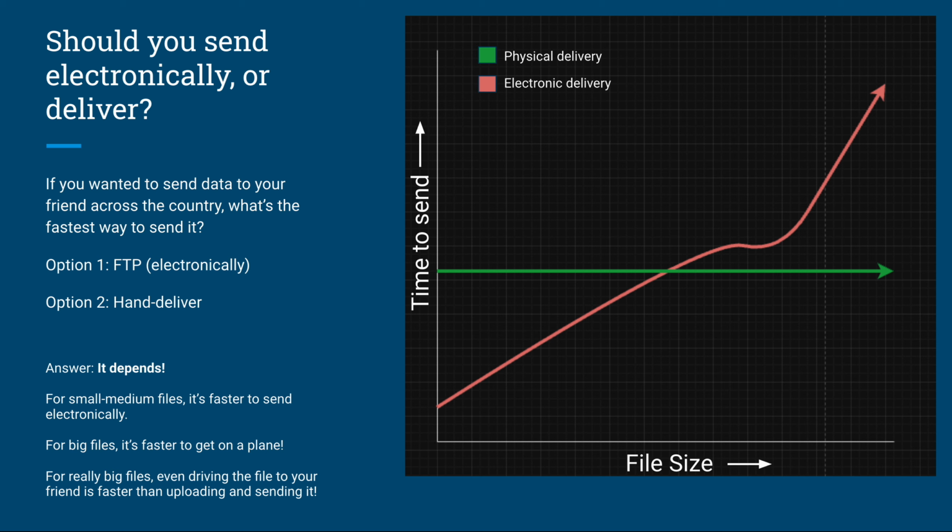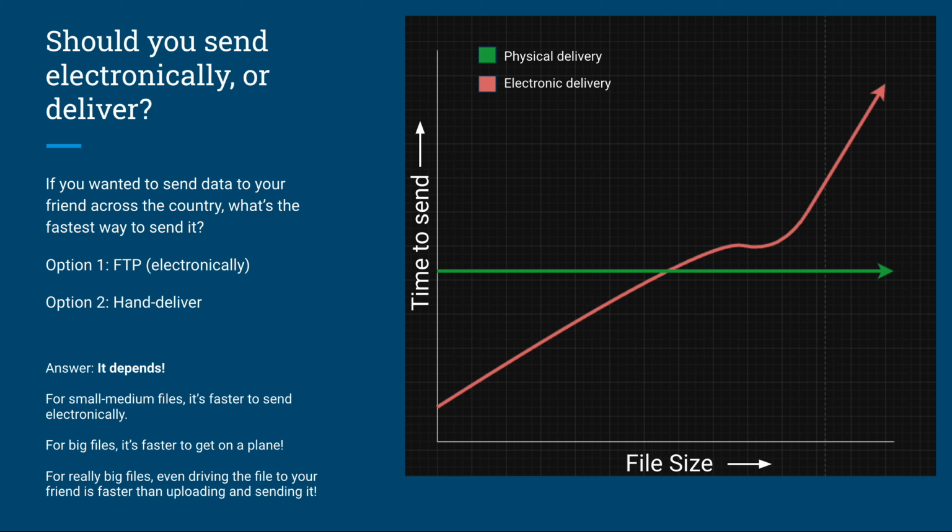It's not constant time. It's not a constant 6 hours like the physical delivery. It's a more dynamic, maybe linear, maybe exponential slope of, as the file size increases, the time to send increases. So in this case, we would say that physical delivery is constant time, and electronic is not constant time. It's going to be some other big O.